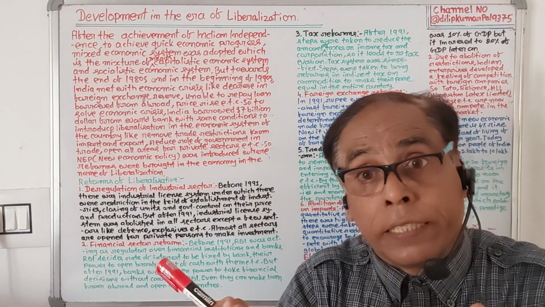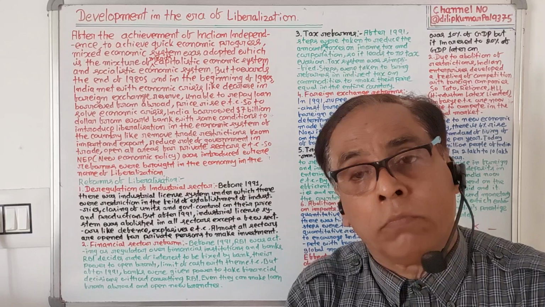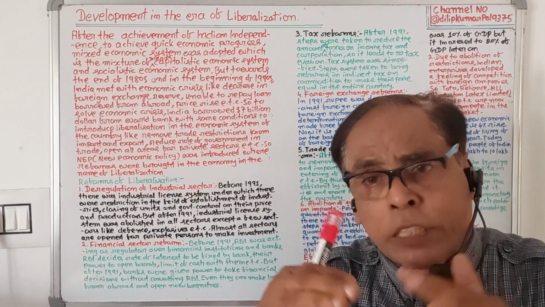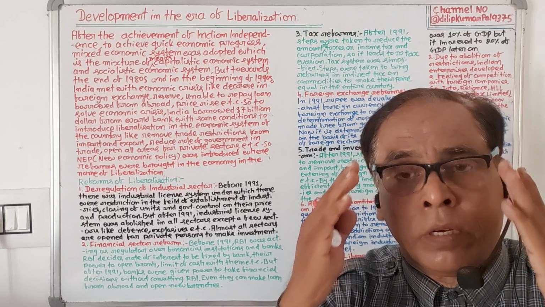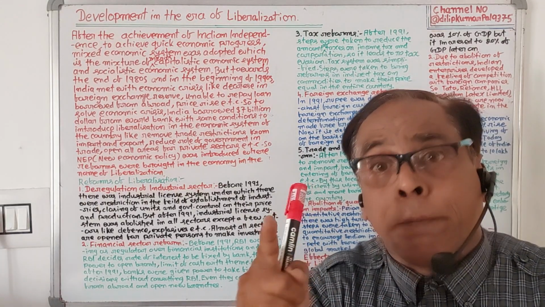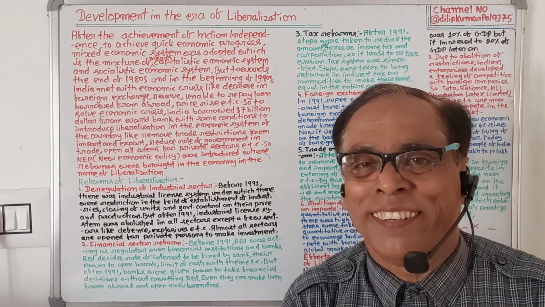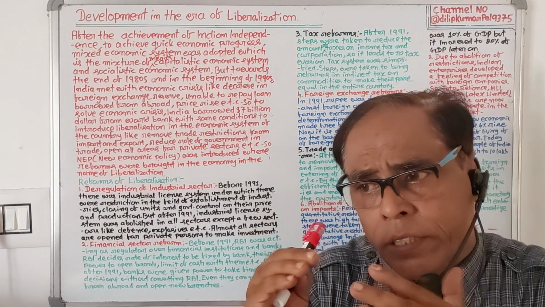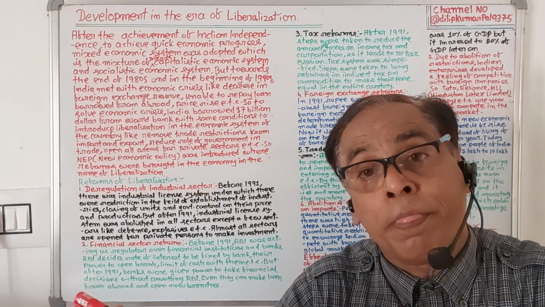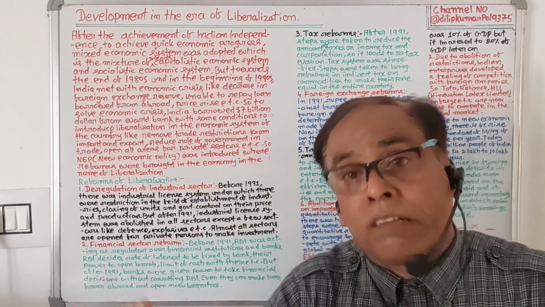On those conditions, India got the loan from World Bank. And after receiving the loan, in 1991, India introduced NEP, the New Economic Policy. And in the New Economic Policy, India introduced some reforms in the country in the name of liberalization.